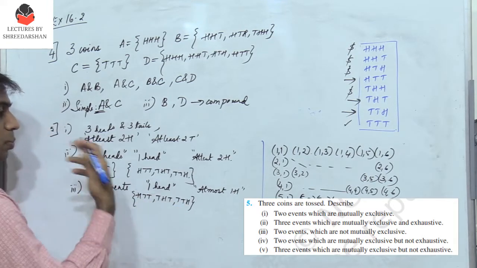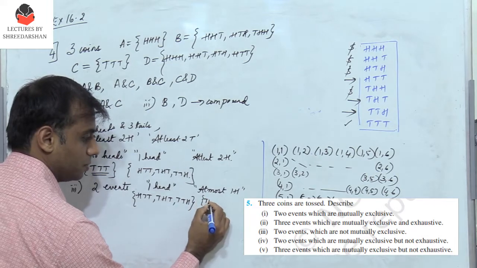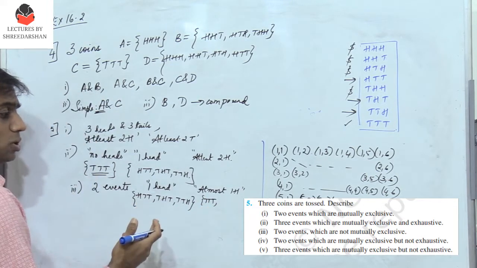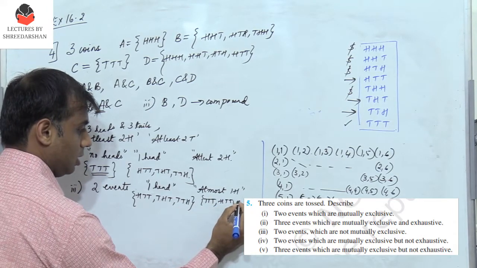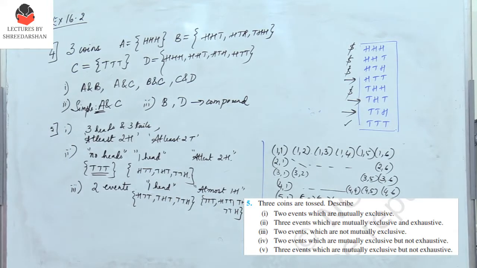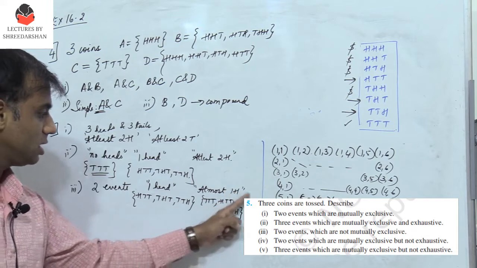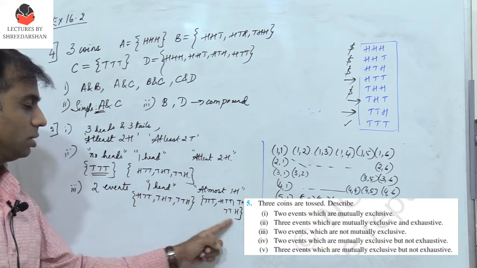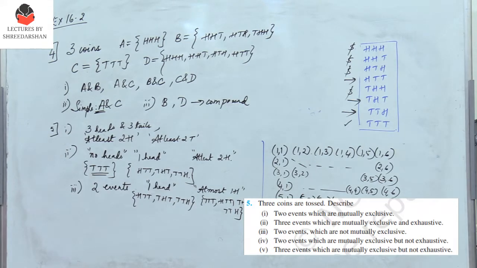And what do you mean by at most one head? You can have no heads, three tails, and at most one means maximum of one head. So you get head, tail, tail, tail, head, tail, tail, tail, head. So here I have two events, but they are not mutually exclusive because I find that these three are common between the two.